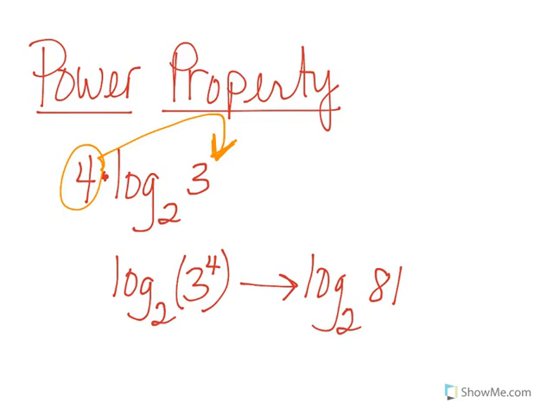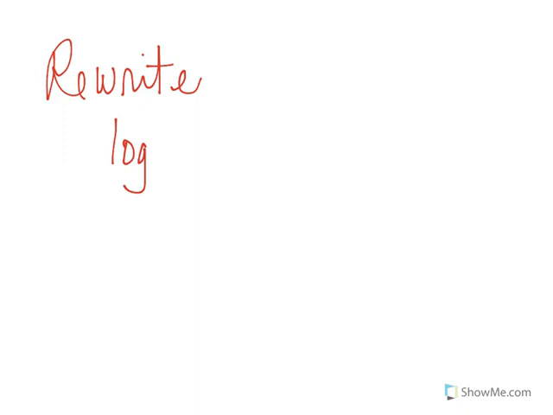So the power property also works in the reverse way. So let me give you a new example. Let's just say that I wanted you to rewrite the log of, let's just say, x squared. So first thing that I'm trying to force you to recall is that we do not see a base, and when we don't see a base, it is assumed to be 10.